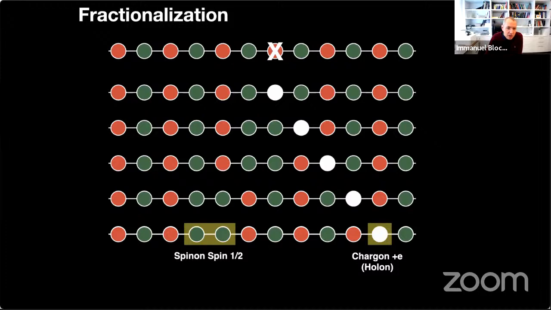So the spin quantum number and the charge quantum number in this 1D setting have become deconfined. They can separate from each other, and you've done what seemed impossible for an electron in free space, where you cannot separate the spin from the charge of the electron. In a condensed matter system, you can actually do that, and this is how this process works.